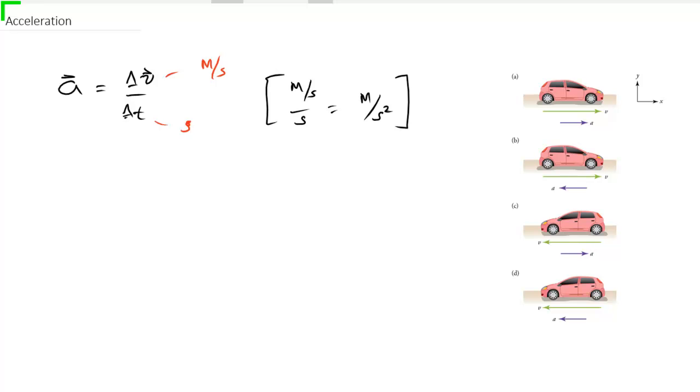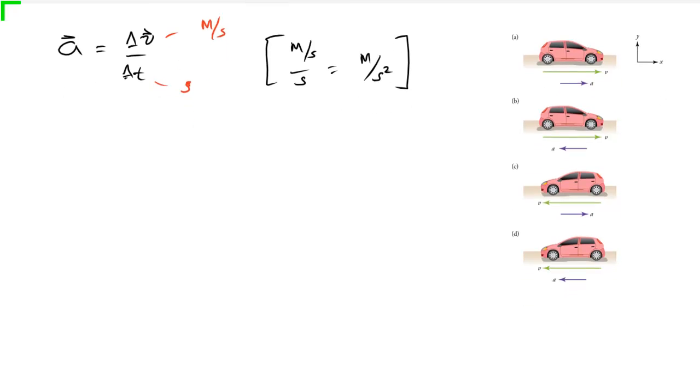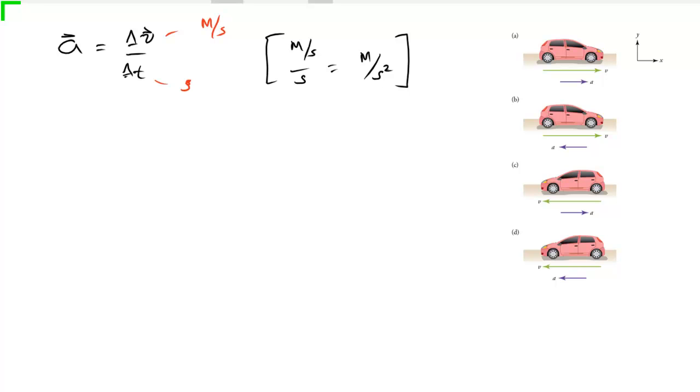Let's take a look at some examples, and let's see what we mean by speeding up and slowing down. Actually, let me define these first. Speeding up, remember, speed is not a vector. So speeding up means that our speed is increasing, and therefore our acceleration must be in the same direction as our velocity.